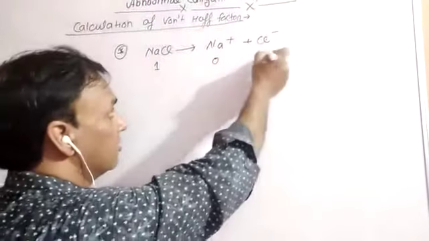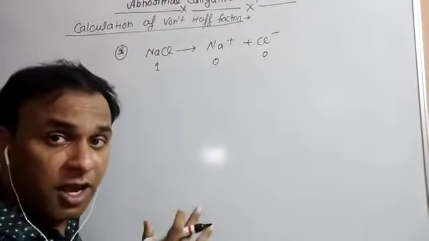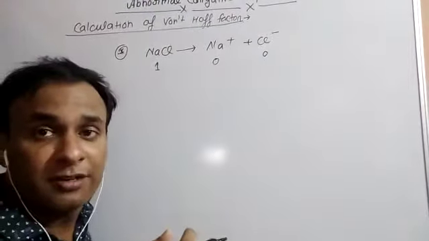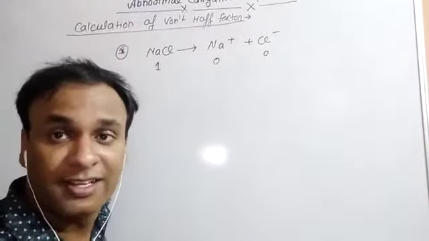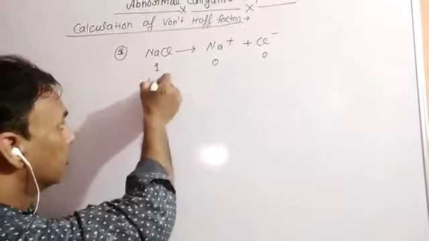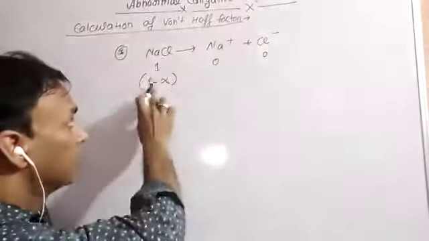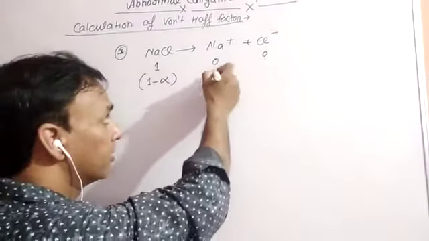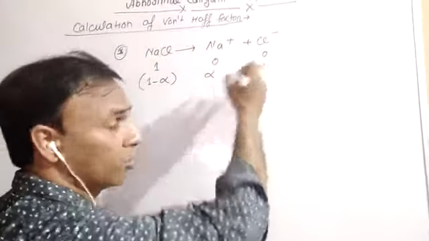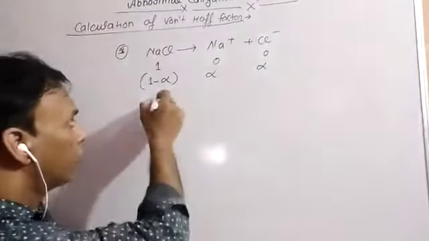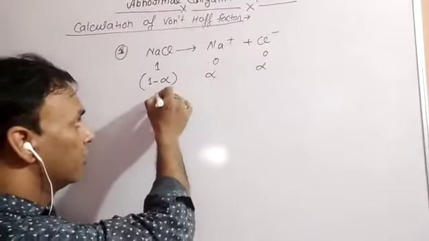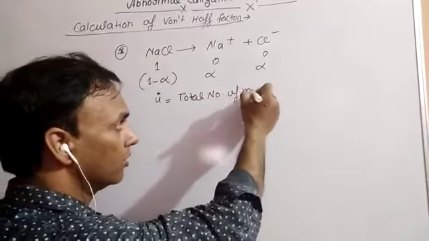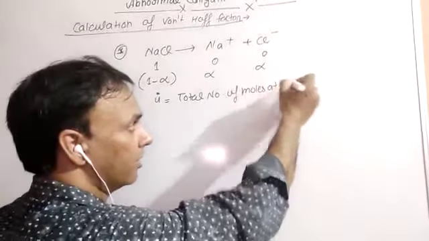That means 0, 0. Suppose its degree of dissociation is alpha. So alpha gets dissociated, that means alpha moles of sodium ion and the same alpha of chloride ion. Now the van't Hoff factor i equals total number of moles at equilibrium.